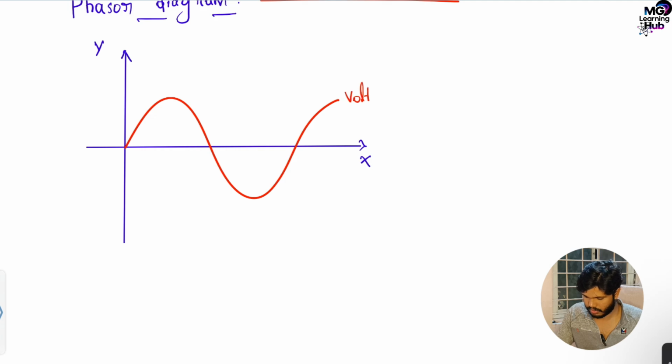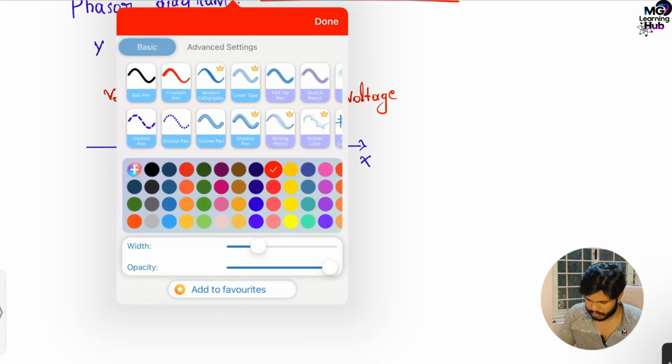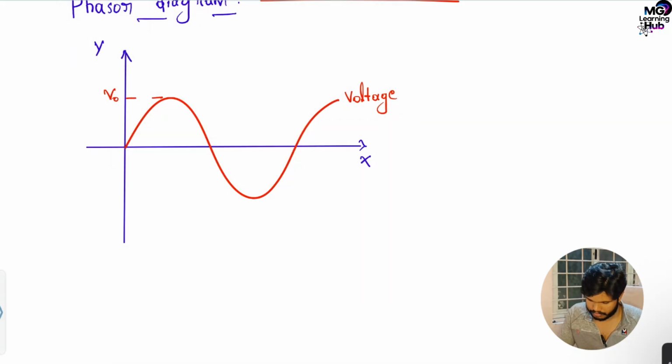This is voltage and this will be peak voltage. Now we need the current. So the current will start from here.